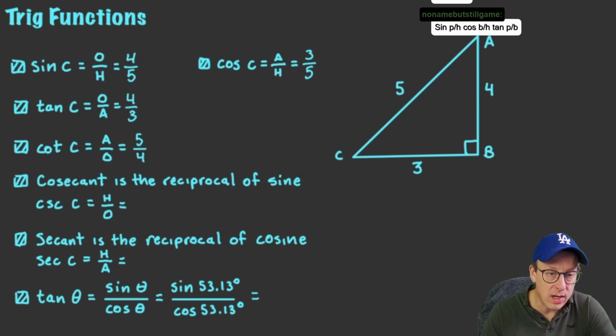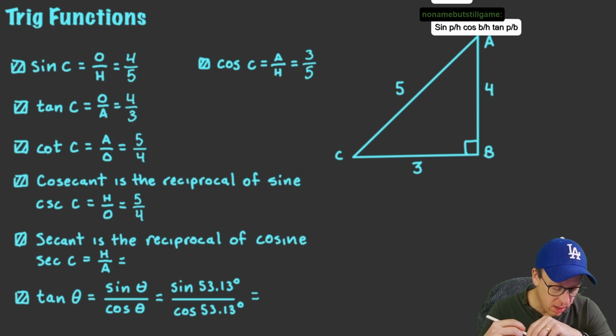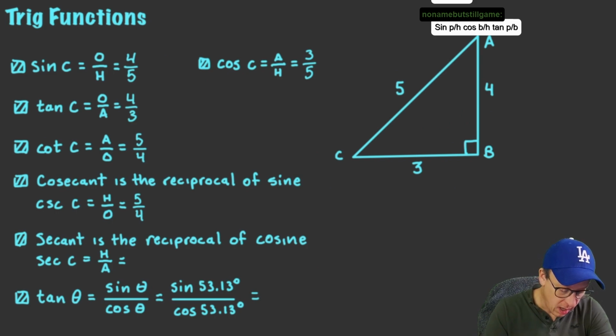The cosecant is going to be the reciprocal of the sine, so this is going to be 5/4. And it's very important to understand, I know this causes a lot of confusion. A lot of people get confused because they think, well, this is an S right here, so that must line up with this S for secant. No, it's actually the opposite. Those do not line up.